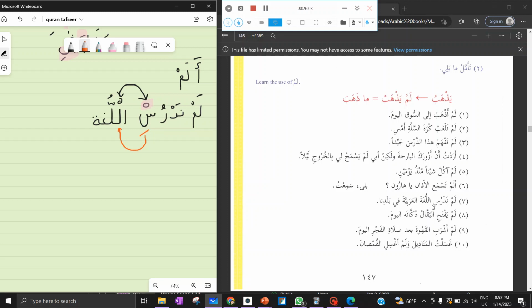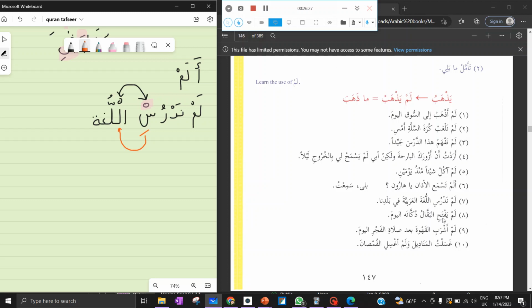Lam nadrusil lughatal arabiyyata, the Arabic language, fi baladina, in our country. Balad means country, and the noon is the fa'il, again the past damir with noun, our country. Lam yaftahil baqqal, the same rule. Why? Because the two sukoons meet, a kasra is given and the first sukoon is deleted.